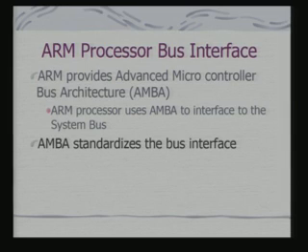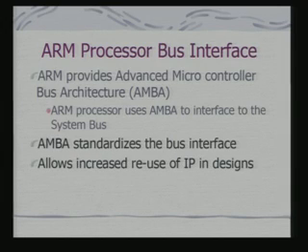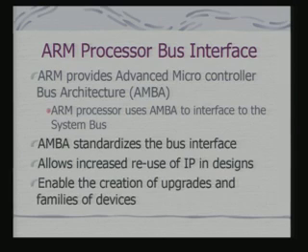And what are the advantages of this kind of interface definition? It standardizes bus interface, it allows increased reuse of IP in designs, because I can pick up another IP which is compatible to the AMBA interface and I can put them together to design my own SoC. And it enables the creation of upgrades and various families of devices, because these devices need to be just compatible with the bus.